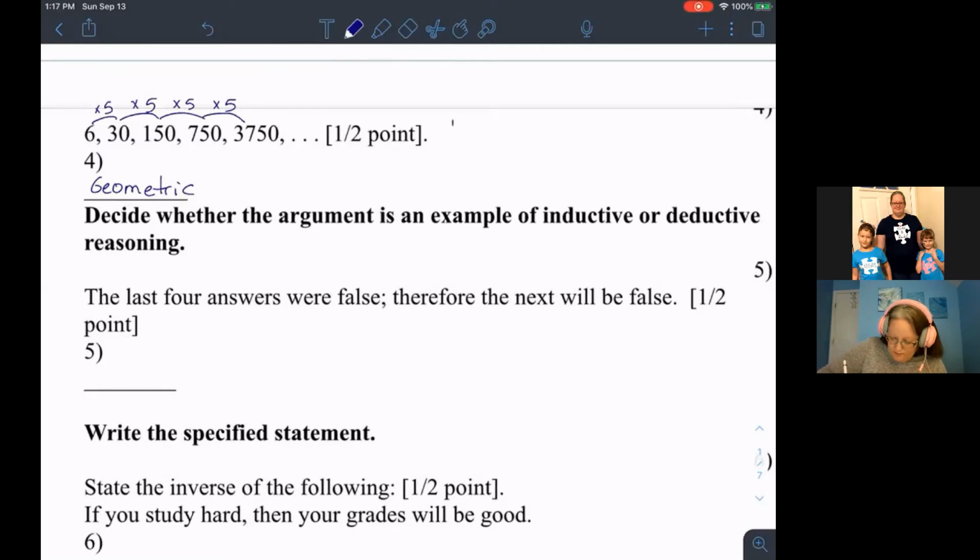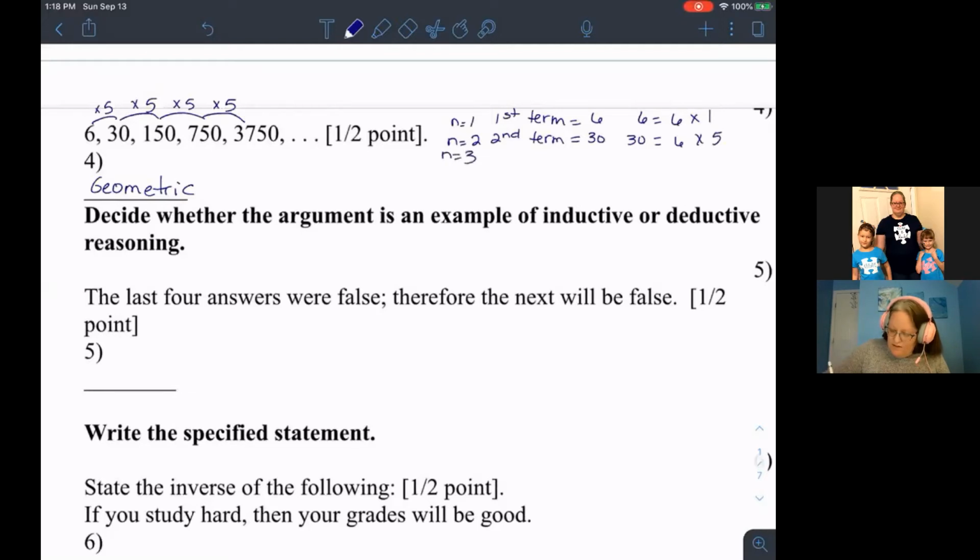The nth term, so n is equal to 1. Our first term is equal to 6. That would be 6, our starting number, equal to 6 times 1. We're multiplying because it's geometric. And then n is equal to 2. Our second term is equal to 30. So 30 is equal to 6 times our difference of 5.